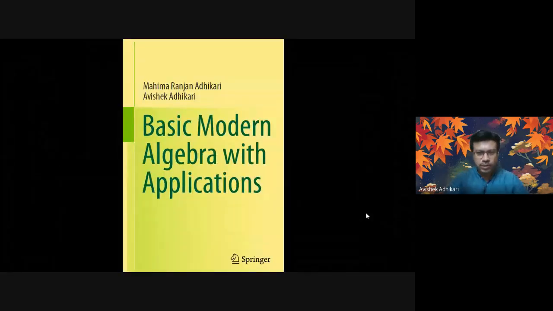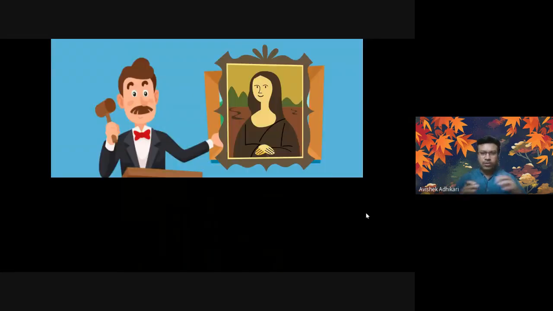So let me try to explain it. I'm following this book, this is from chapter 12. Suppose one very precious image is there, and some gallery wants to sell this image. So they are going for some kind of bidding.